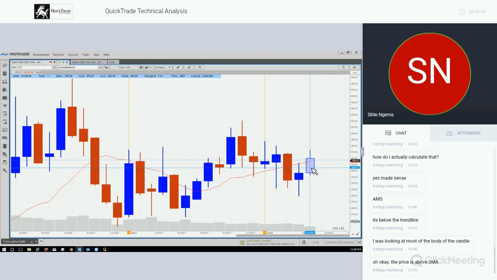Yes, the price is above the SMA, but there is something about that price being above the SMA. This is May, and we haven't finished May yet. So that close above the SMA in my monthly analysis does not count because the month is not up yet.